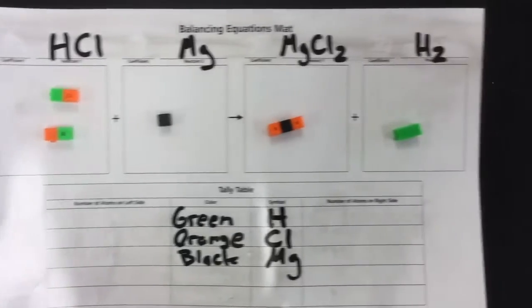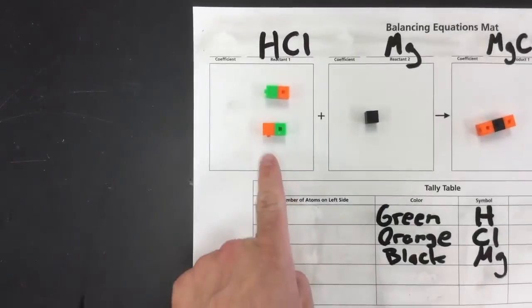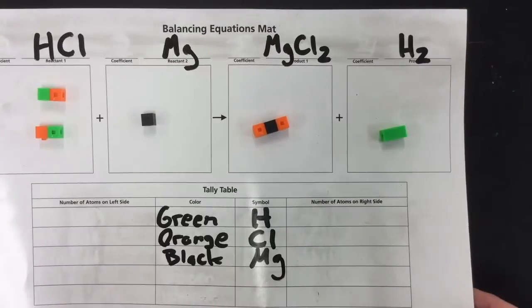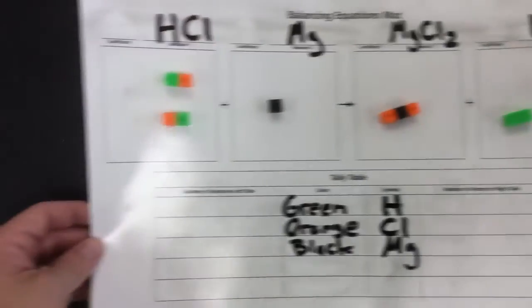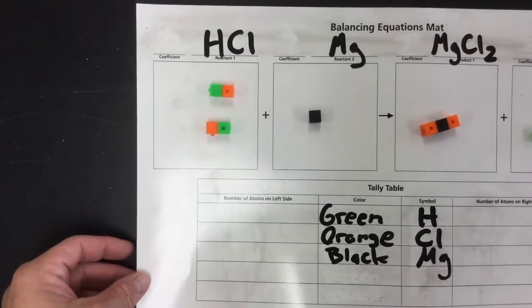So now I need to balance hydrogen. Actually, no, I don't. I do, but if we look, we have 2 hydrogens on this side and 2 hydrogens on this side. Magnesium hasn't been changed, so magnesium is good. So by adding 1 particle of hydrochloric acid, we balance the equation.